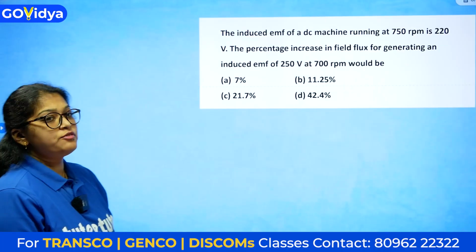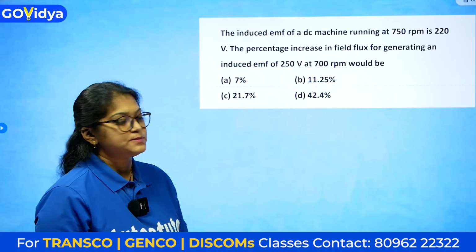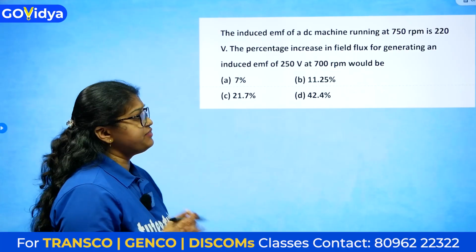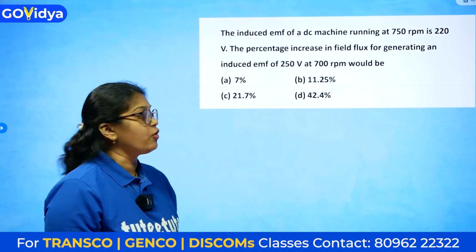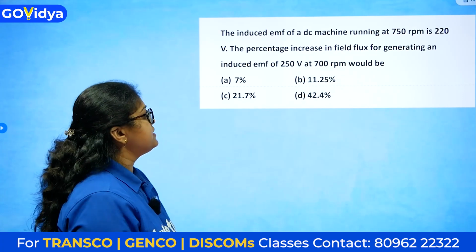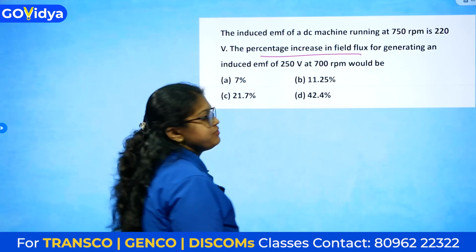The induced EMF of a DC machine at 750 RPM is 220 volts. The percentage increase in the field flux for generating an induced EMF of 250 volts at 700 RPM is? So we have to calculate the percentage increase in the field flux.